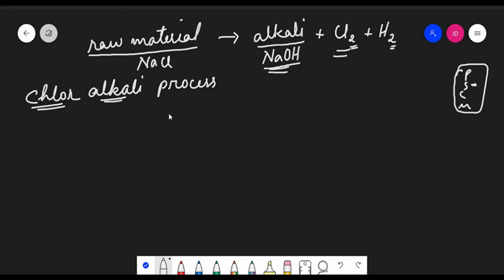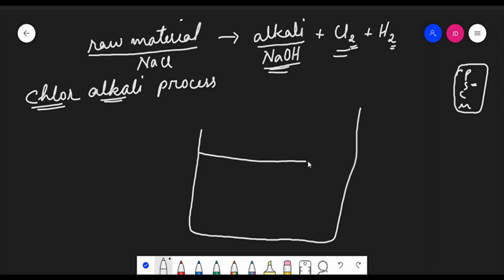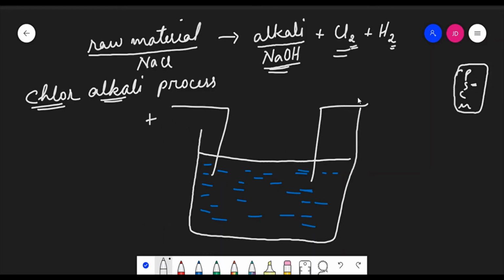So here what we can do is, we can take a beaker. Let's say we put water here, and we put electricity, electrodes. Maybe this is the plus and this is the minus.